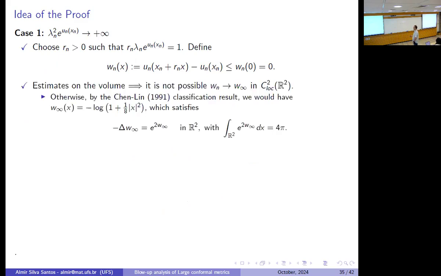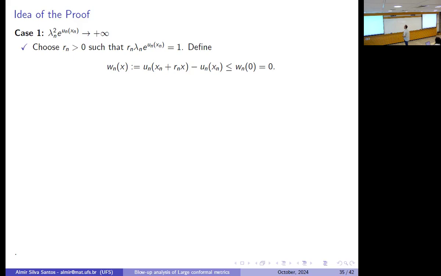And then we don't know yet if the blow-up point is on the boundary or in the interior of the manifold. But it doesn't matter for this if it's on the boundary or if it's on the interior.